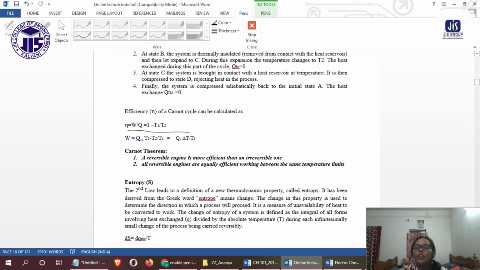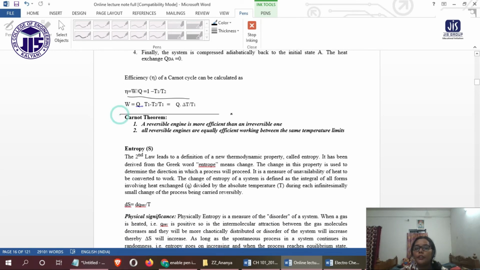Okay. According to the Carnot theorem, a reversible engine is more efficient than an irreversible one. All reversible engines are equally efficient when working between the same temperature limits. So according to the Carnot theorem, the reversible engine is more efficient than the irreversible one.